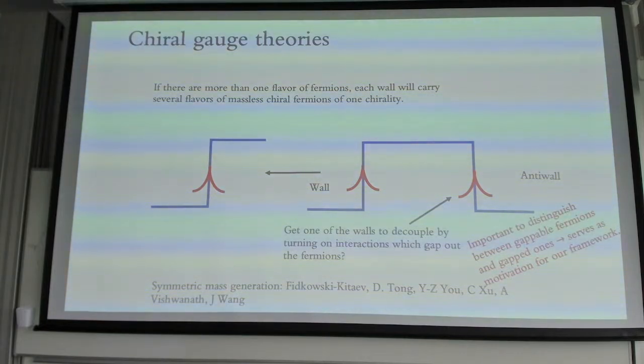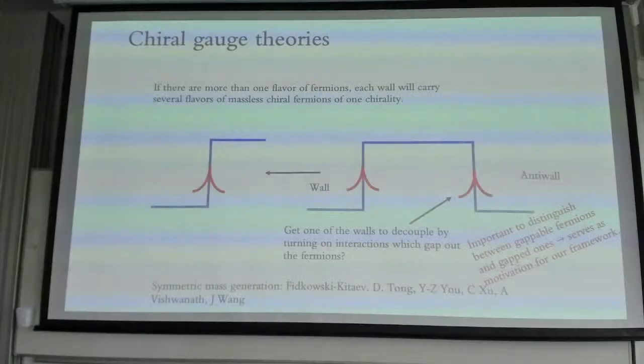Sorry, maybe I don't understand. It's important to distinguish between gappable fermions and I guess ungappable. No. So what I really mean here is that if you were just interested in anomalies, that may not necessarily tell you whether your fermions are gapped or not gapped.